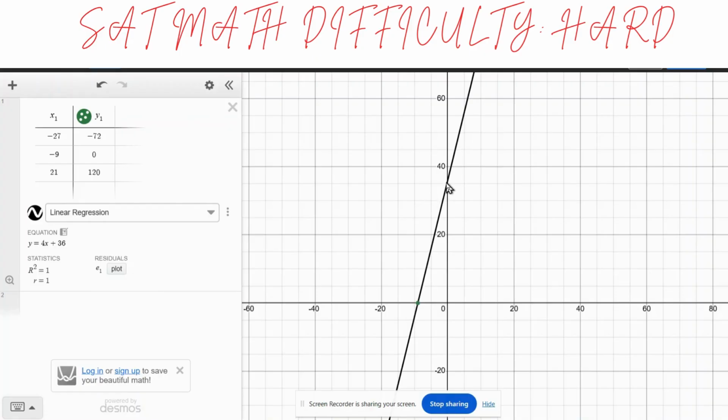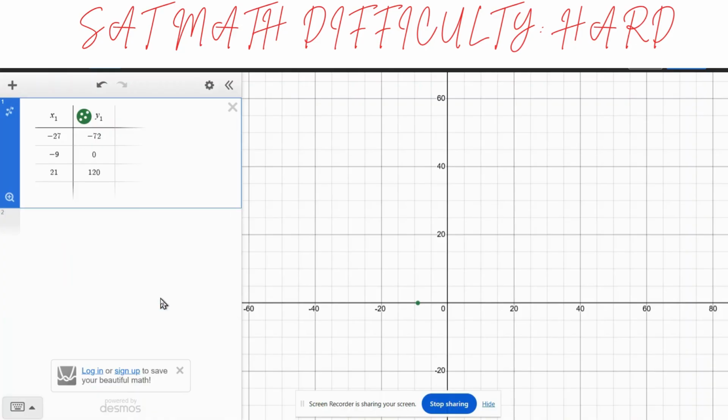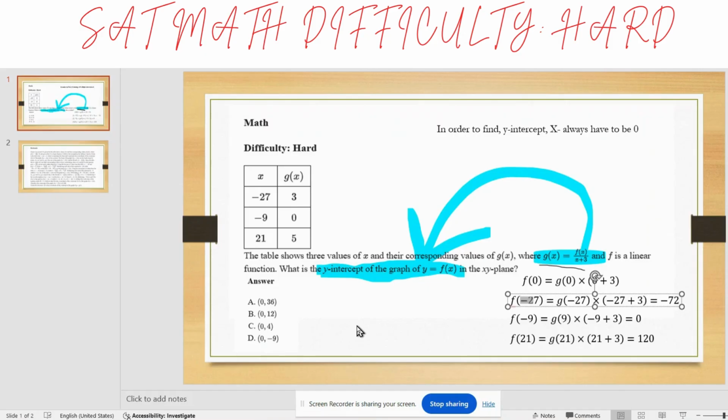But in the SAT, there is a high chance you won't be able to use this option. I don't know why, but I guess they won't let you use it. So what else can you do? There's another option: you have to write the equation. Which equation am I talking about? You have to write the linear equation.